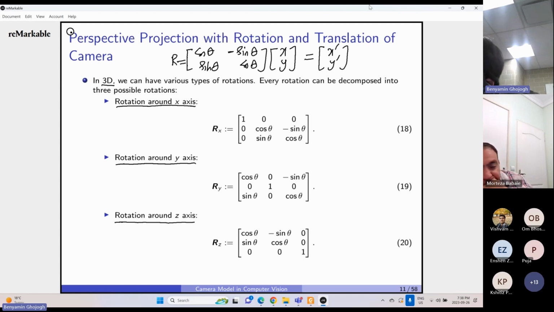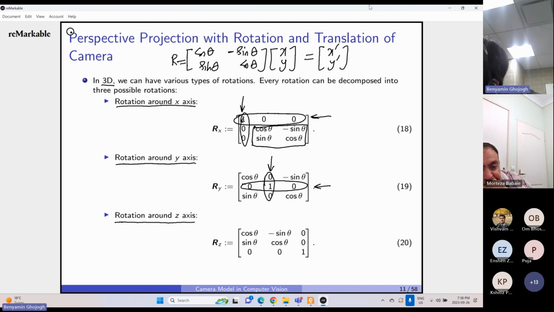So for example, here x, the first coordinate, right? So the first column and the first row are both fixed, and we put one here, and the rest has a rotation like in 2D, right? In the y-axis, we fix the second row and column, and the rest I have cosine, minus sine, sine, cosine.